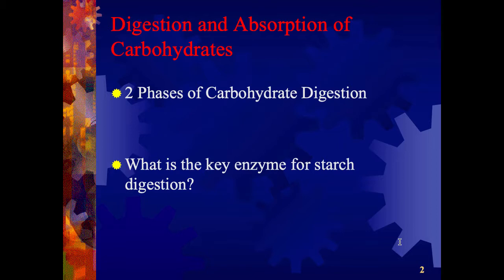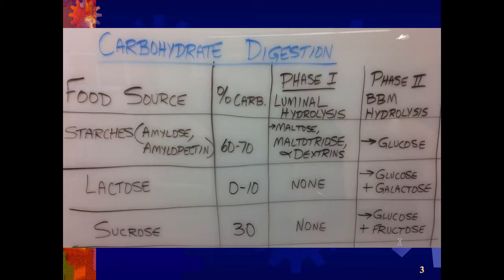That's the key one. So in that case, would there already be alpha amylase in the solution? So would it start in phase 1? Yeah, in the small intestine. Yeah, so phase 1, luminal hydrolysis, pancreatic alpha amylase. See this?